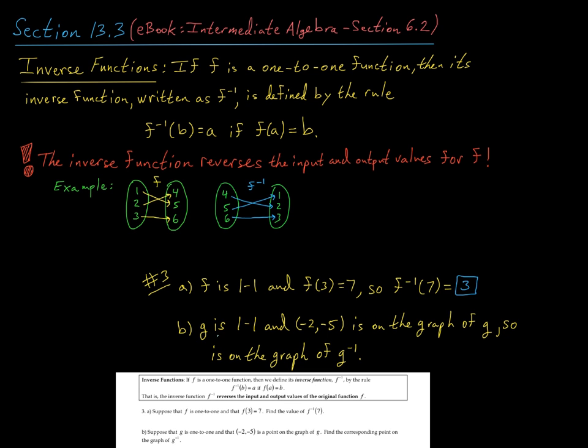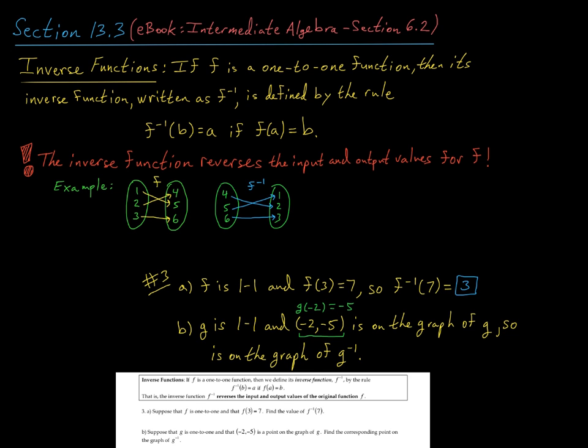Part B says if g is 1 to 1 and (-2, -5) is on the graph of the function g, then what would be the corresponding point on the graph of the inverse? Well, the thing to highlight here is that if the point (-2, -5) is on the graph of the function g, that's saying that g of -2 is equal to -5.